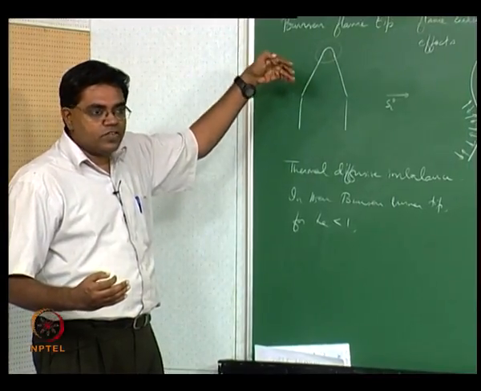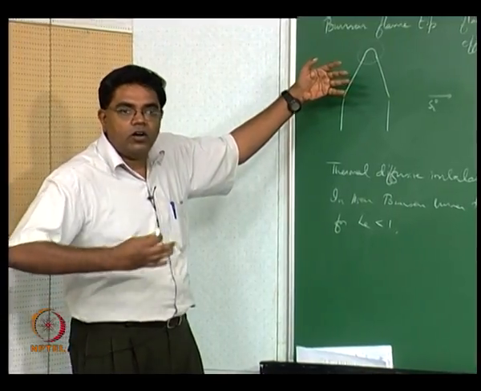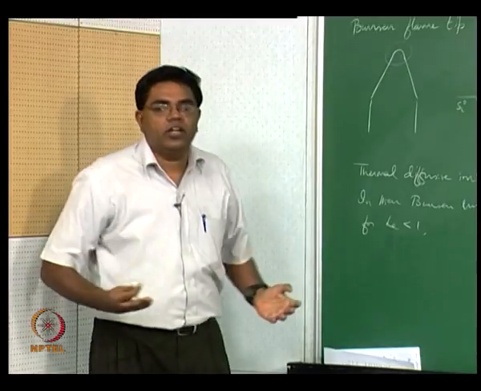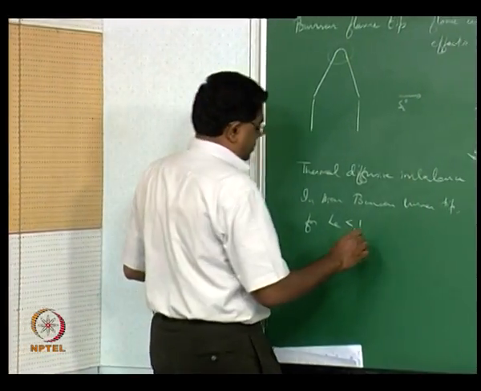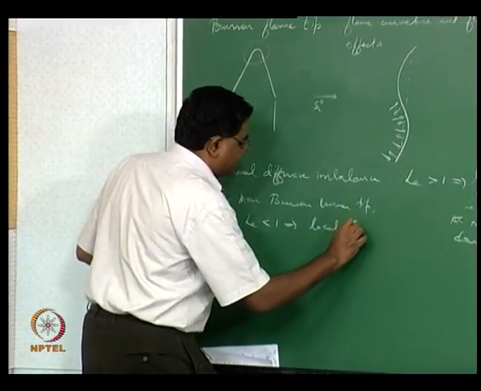So the flame is essentially running out of reactant, even if it is trying hard to conduct heat upstream to heat up whatever is remaining of the reactants. So this could lead to a local flame extinction.